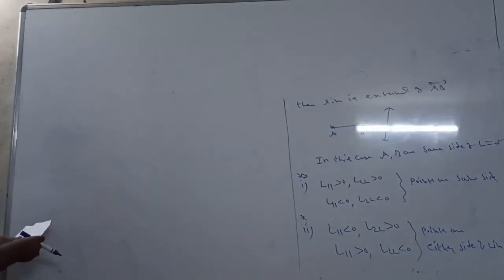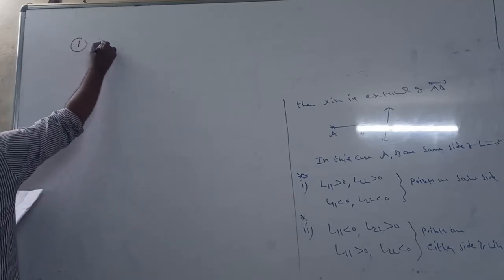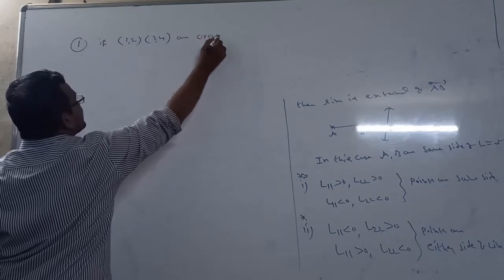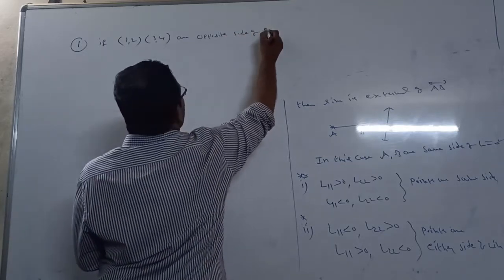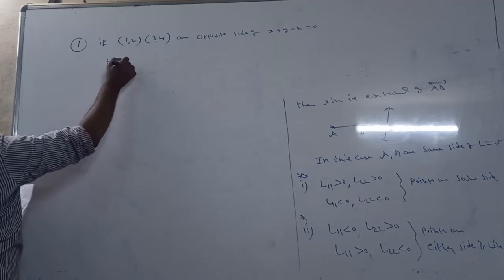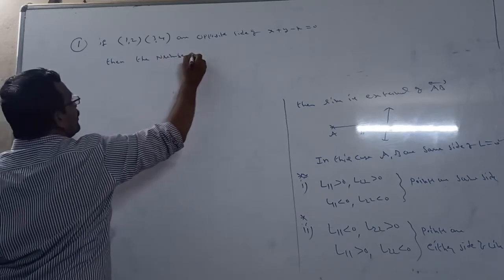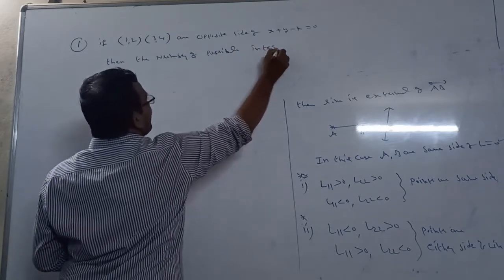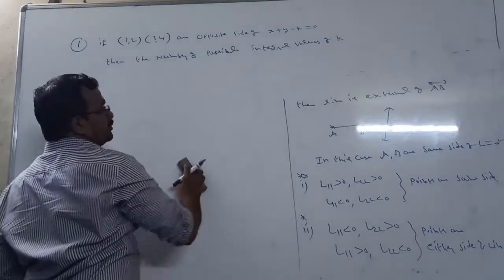So, on some question: if (1, 2) and (3, 4) are on opposite sides of x plus y minus k equal to 0, then the number of possible integral values of k is?